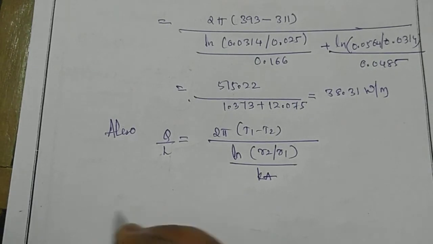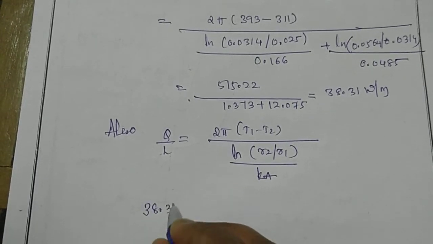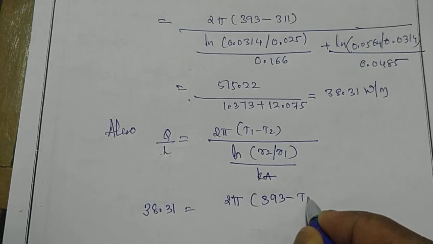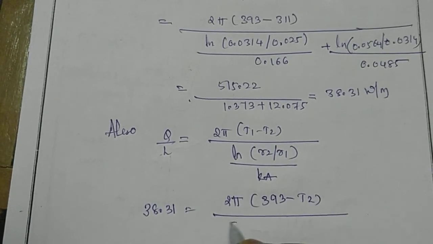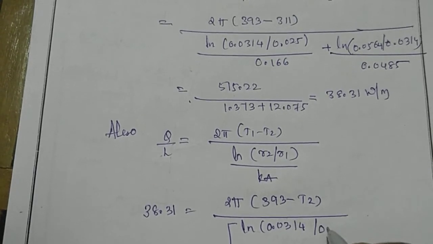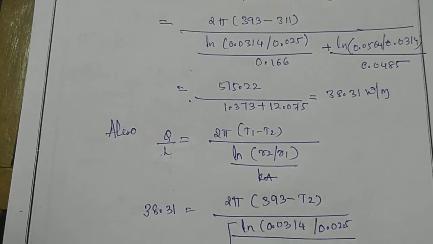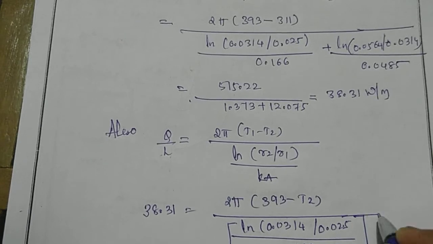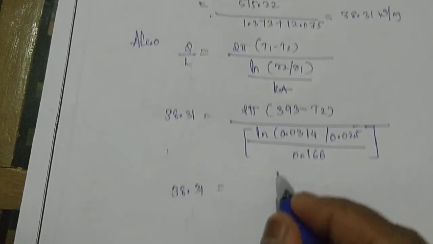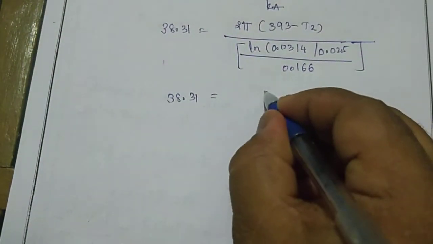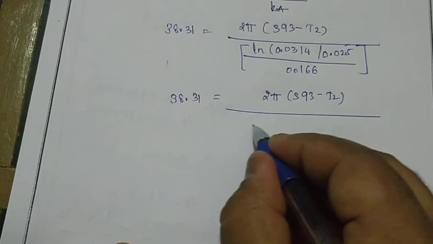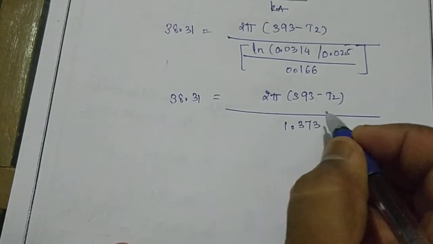So 38.31 equals 2 pi times 393 minus T2 divided by ln of 0.0314 by 0.025 divided by 0.166. So 38.31 divided by 2 pi equals 393 minus T2 divided by 1.373.